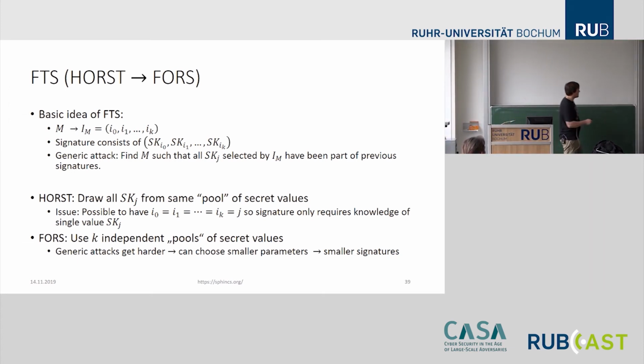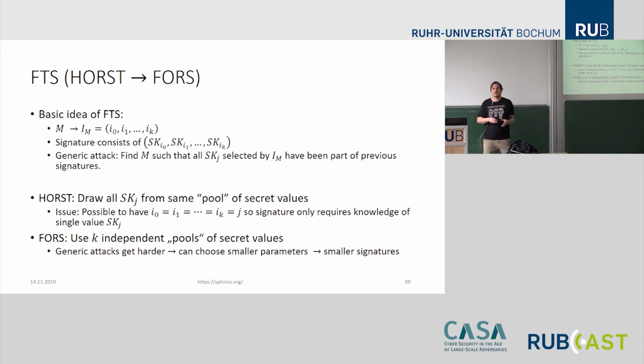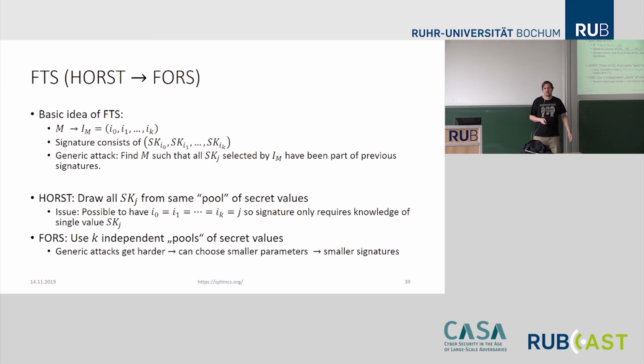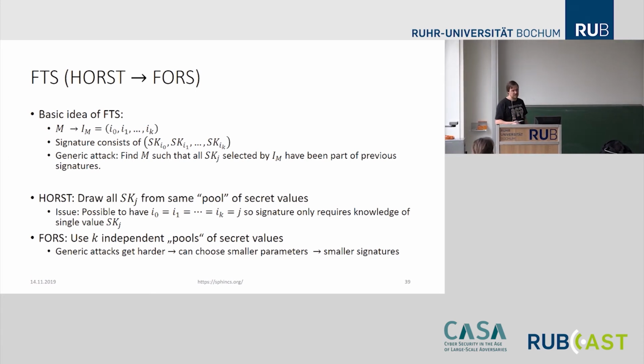The cover-free sets were the first approach to get a provably secure version of this Horse scheme. And Horse essentially uses a computational version of cover-free set systems, which means it takes a hash function which it assumes to behave randomly and then thereby picks the elements. If you use the cover-free set systems, then your signatures get enormously large. But yeah, this is roughly where the idea comes from.